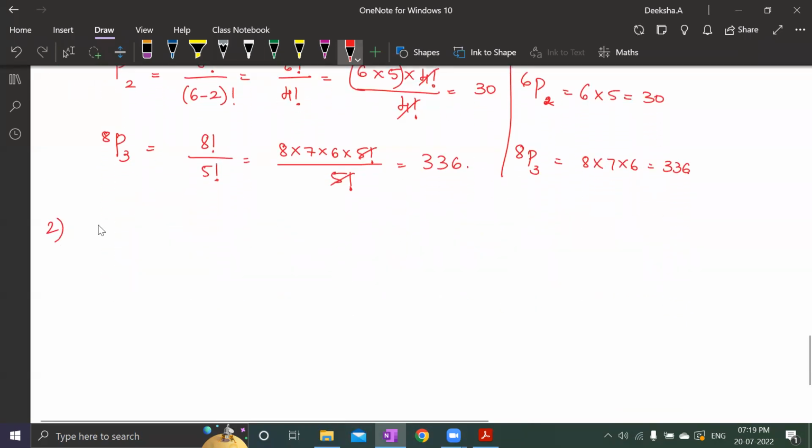Now tell me the value of 10P3. What is 10P3?